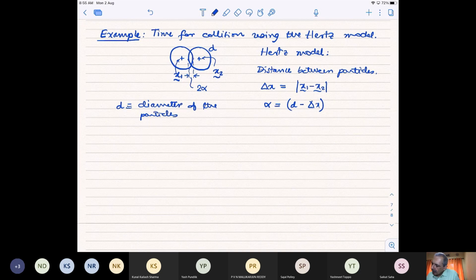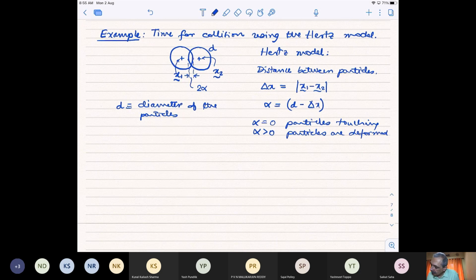So when delta x is equal to d, the particles are touching. And when alpha is greater than 0, the particles are deformed, that is, there is some sort of overlap.